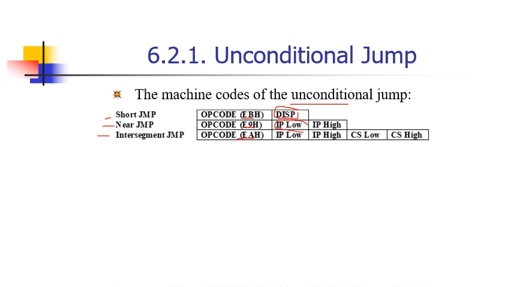You change the low byte and the high byte of your IP, while with the inter-segment jump, you change both the low and high bytes of your IP and the low and high bytes of your CS. So both IP and CS are going to change when you do an inter-segment jump.